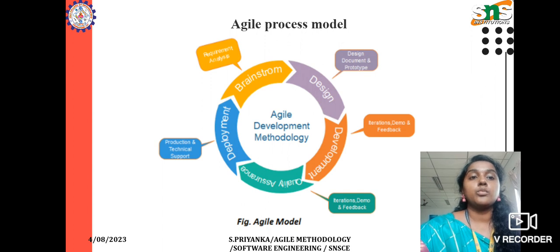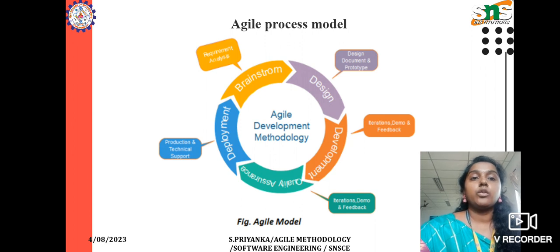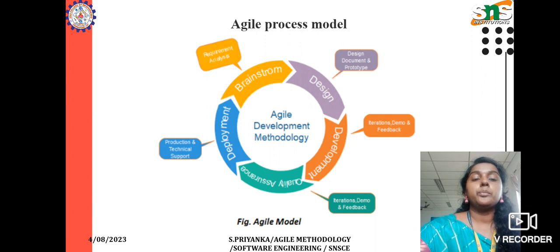The agile process model mainly consists of 5 steps: first brainstorm, design, development, quality assurance, and then deployment. In brainstorm, the requirements are analyzed and risks are collected. In the design phase, the documents are designed and the prototype is developed according to your project.